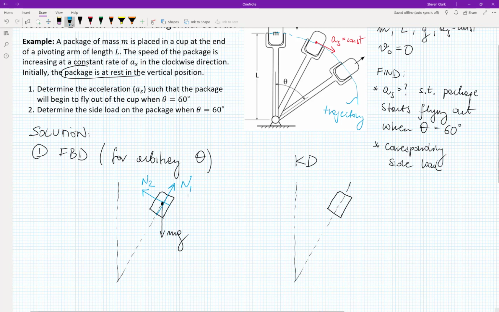And James knows that because he detected two contact points between the arm and our package. So James said that there is this contact point here and here. And that's why we replaced these two contact points with these reaction forces.